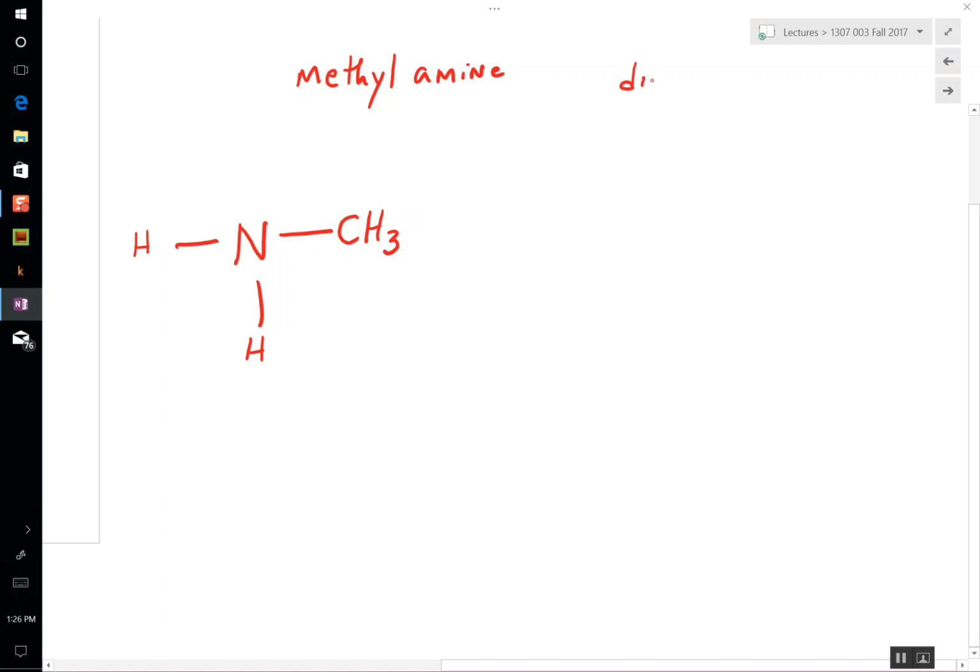If I give you the name dimethylamine, start from the same point. This is what nitrogen is going to look like. It's going to have three things around it. I've got a methyl here, and I have a methyl here.